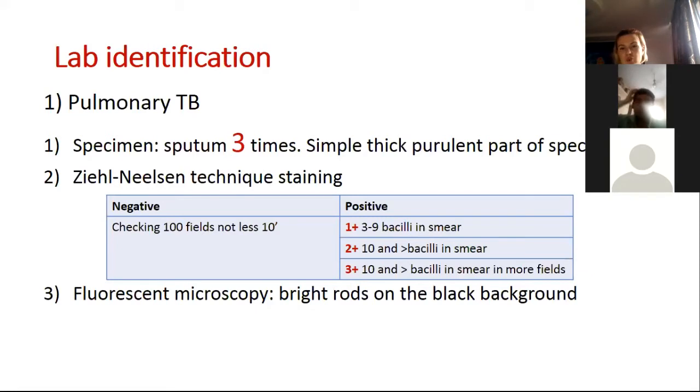And 3+ when you detect 10 or more bacilli in the smear in more viewing fields. Of course, you can use fluorescent microscopy, add fluorescent antibodies, and detect bright rod-shaped bacteria on the black background.